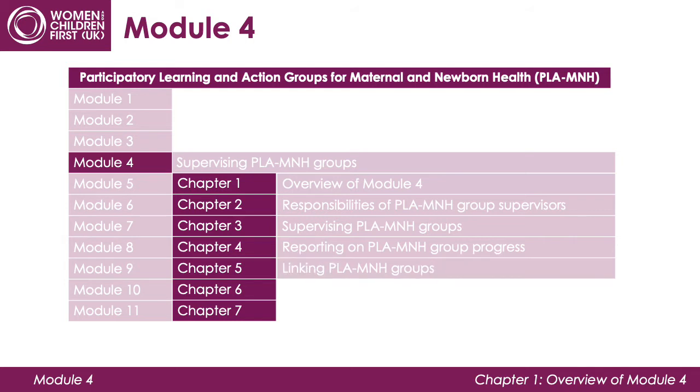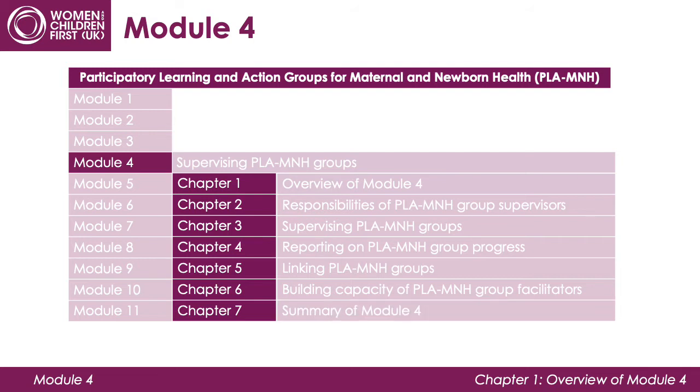Chapter 5 looks at how PLA-MNH group supervisors should link PLA-MNH groups. And Chapter 6 will cover how PLA-MNH group supervisors can build the capacity of their group facilitators. Finally, Chapter 7 provides a brief summary of everything covered in Module 4.